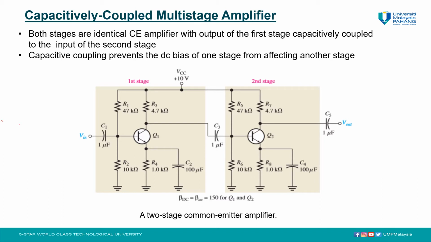But in this example, we have 2 stages only, where both stages are identical CE amplifiers, with the output of the first stage capacitively coupled to the input of the second stage. So this is the first stage and this is the second stage. This capacitive coupling actually prevents the DC bias of one stage from affecting another stage.